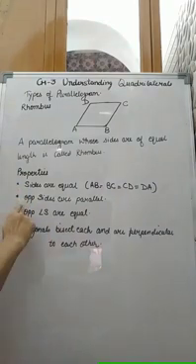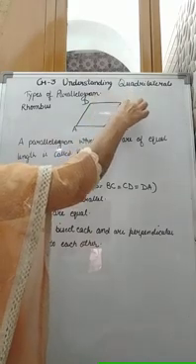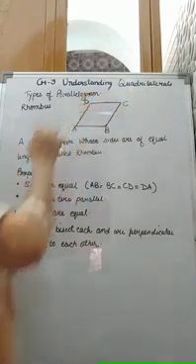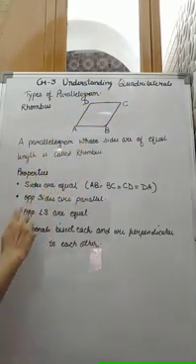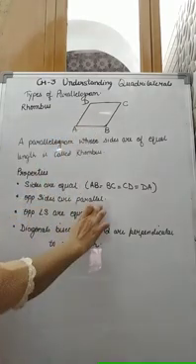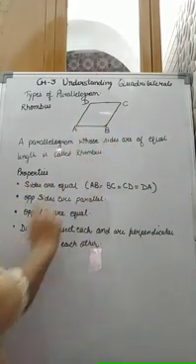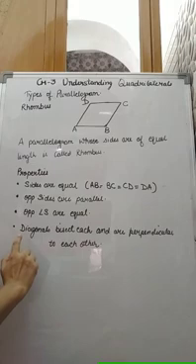And opposite sides are parallel, like AB is parallel to CD and BC is parallel to DA. As in the case of a parallelogram, opposite sides are parallel, so similar is the case of the rhombus. Opposite angles are also equal because it is a type of parallelogram. So it satisfies all the properties of a parallelogram.